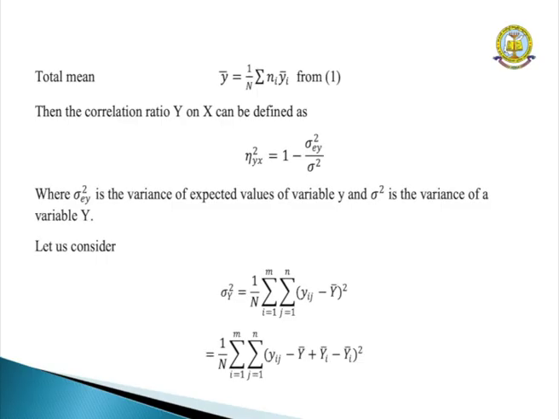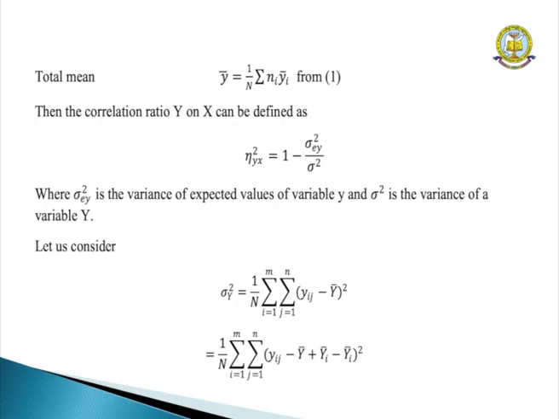Once again, sigma square ey is the variance of the expected values of variable y, and generally sigma square here is the variance of the variable y. Okay, it's clear for us.